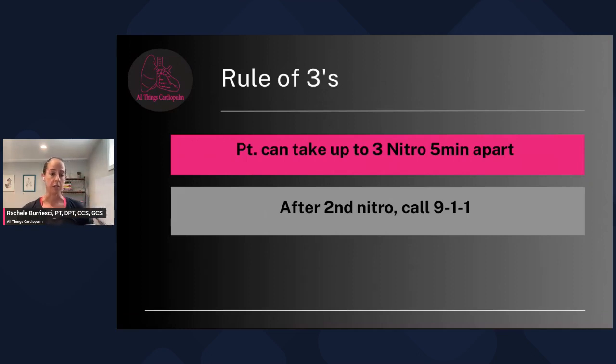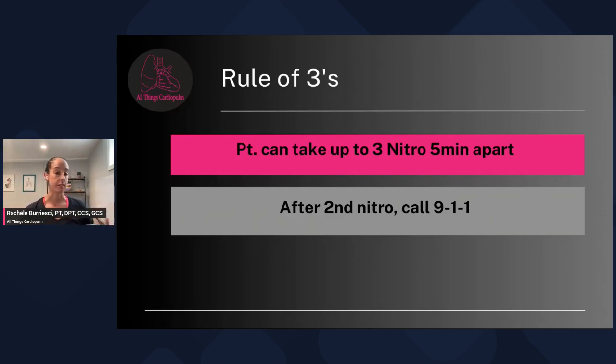Okay, rule of threes. If your patient has a known history of angina, they have nitro on board, they have it on their person, they sit down, rest, and the angina persists, they can take their nitro. They place the nitro under their tongue and they wait 5 minutes.